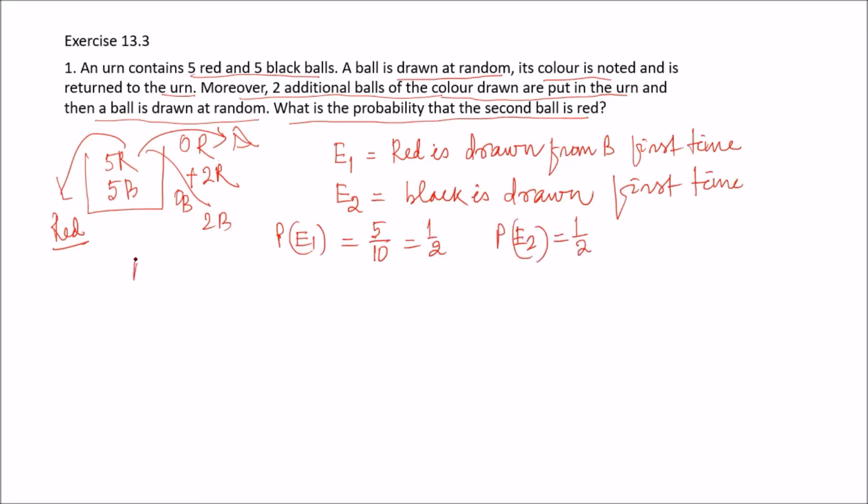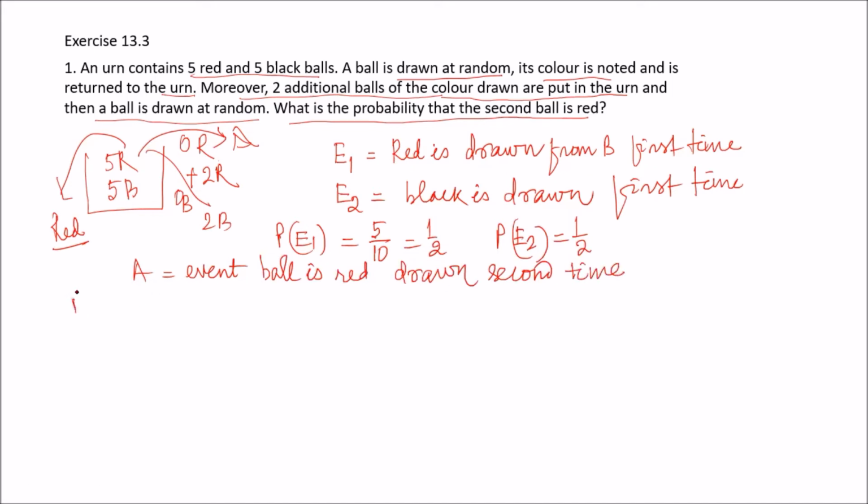Now what is A here? A is the event that a red ball is drawn the second time. Drawn the second time means after keeping the ball and adding 2 balls.